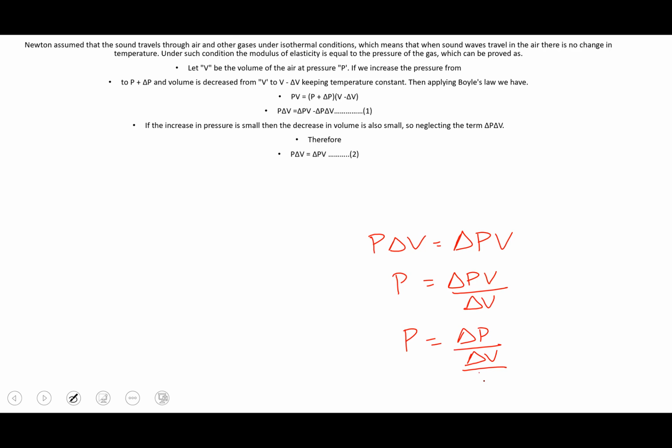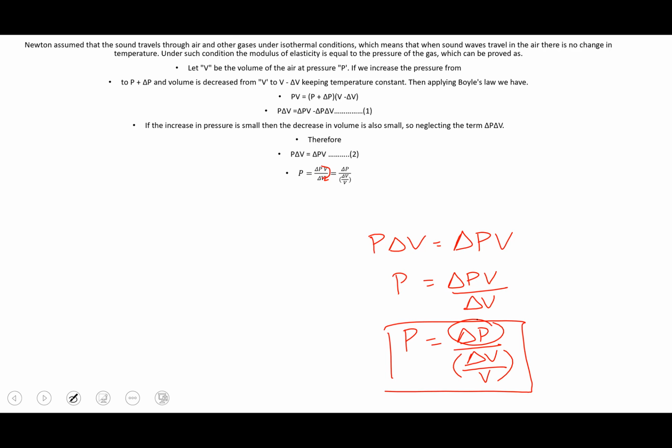Now, if we rearrange this equation, P delta V is equal to delta P V, which is equation number 2, we write it like this: P is equal to delta P into V divided by delta V, and this can also be written as P is equal to delta P divided by delta V over V. This is the new form of the equation, which we can get through a mathematical rearrangement. Why have we done this?